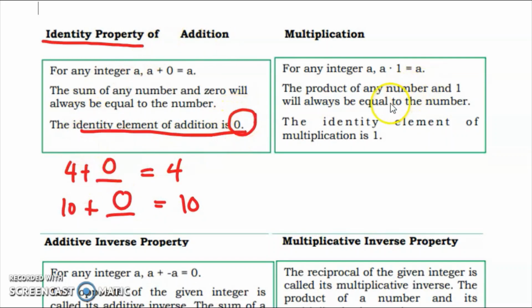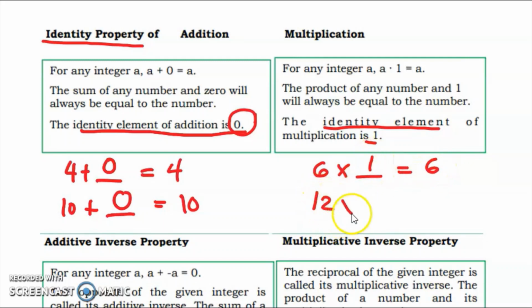So, same with multiplication, pero iba yung identity element niya. Kasi ang identity element ng multiplication is 1, which is true. Totoo naman, di ba? Kunyari, meron akong 6 times blank equals 6. Anong number yung pag minultiply ko kay 6, 6 pa rin ang lalabas? 1. How about 12 times blank equals 12?